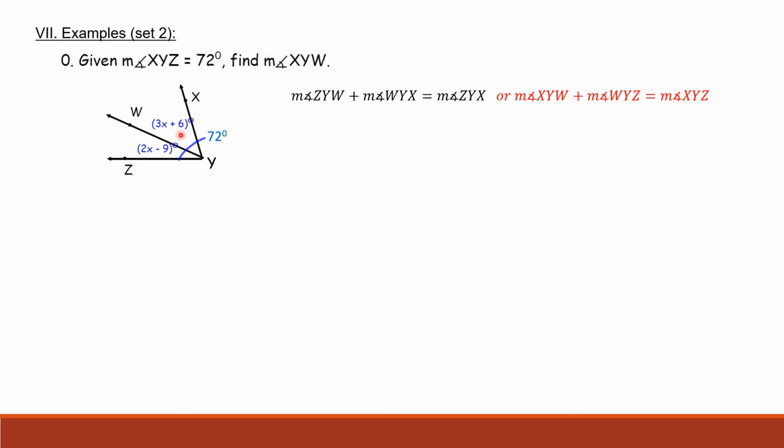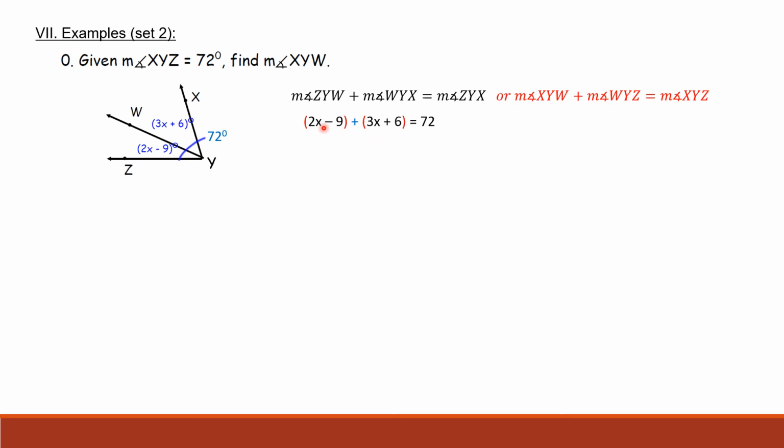Okay, so just like the segment addition postulate, we write the geometry and then we substitute. You'll notice that there are parentheses here, just so that they can put the degree symbol on there. Those parentheses are not really necessary. So you can just write 2x minus 9 plus 3x plus 6 equals 72. Then just like week 1, we're going to do our algebra, combine like terms.